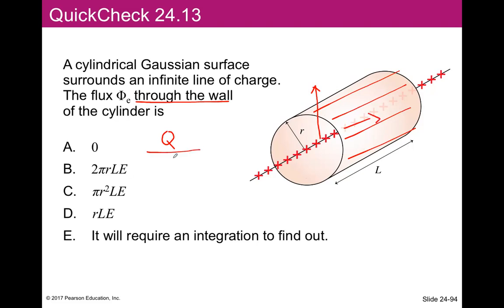So Q over epsilon. How to calculate Q? Okay, so let's say if we know E, then we should calculate E times A. So how to calculate A? 2 pi L. Then you get 2 pi L E.